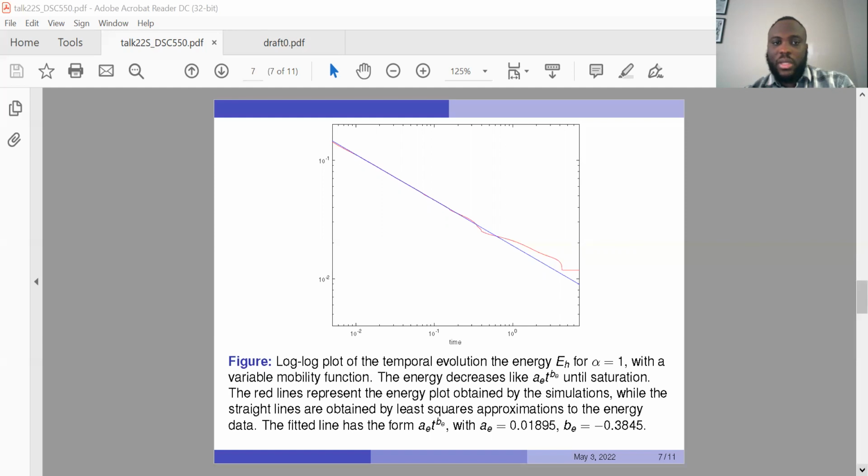Before we did this plotting, we saw that the energy decreases gradually until saturation. We can see the red line, which represents the energy plot obtained by simulations, while the straight lines are obtained by least square approximations to the energy data. We can see the form of the fitted lines as it goes down.